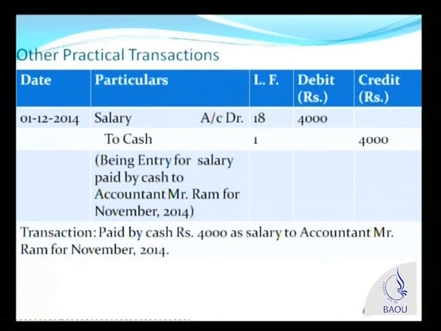So you need to learn many more transactions, my dear friends. I have given you some few examples, about 17 transactions, in these many parts of our discussion, but study more and more transactions, understand them carefully, and once you have understood one transaction thoroughly, for any similar transaction of that nature, you won't face any problem in recording that transaction correctly.